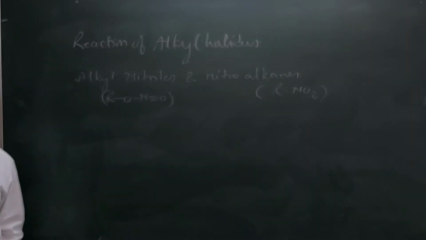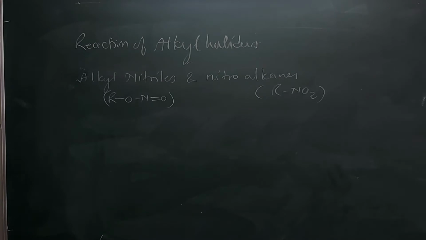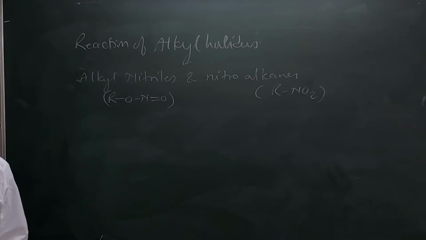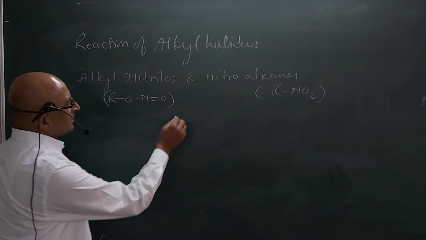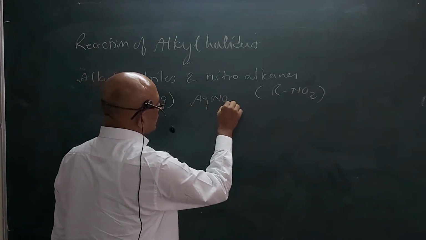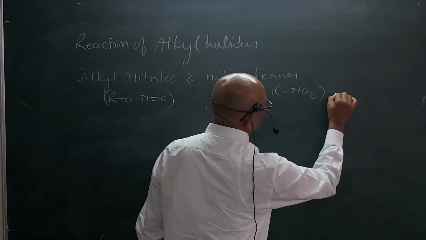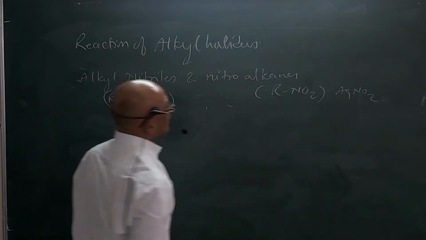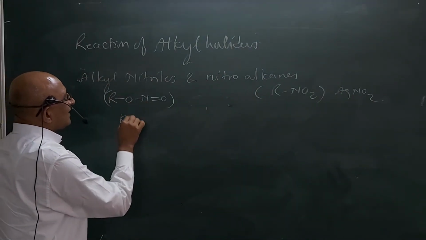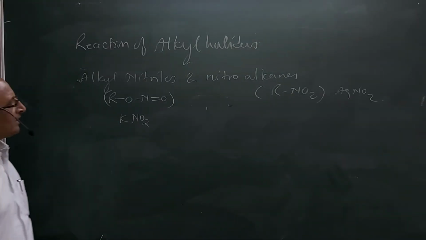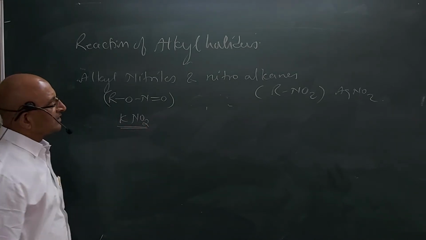And we want to prepare these compounds from alkyl halides. While preparing the alkyl nitriles and nitroalkanes, the reagents that we are going to use are silver nitrite, AgNO2, which we use for the preparation of nitroalkanes, and potassium nitrite, which we use for the preparation of alkyl nitriles.